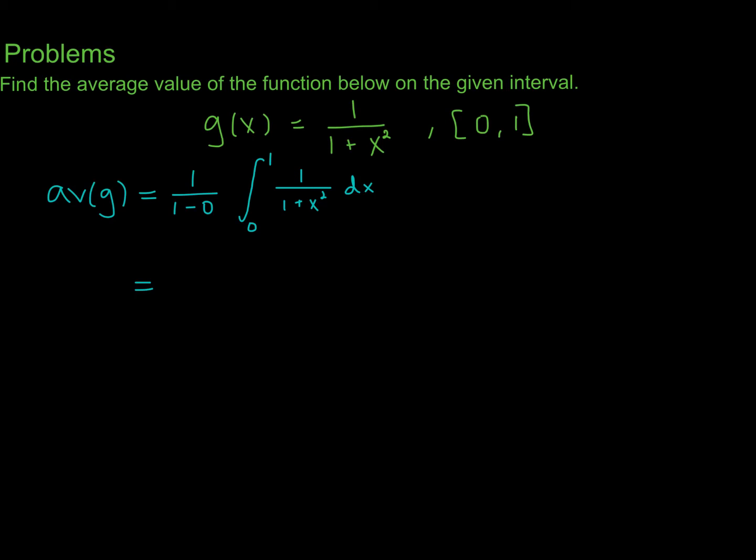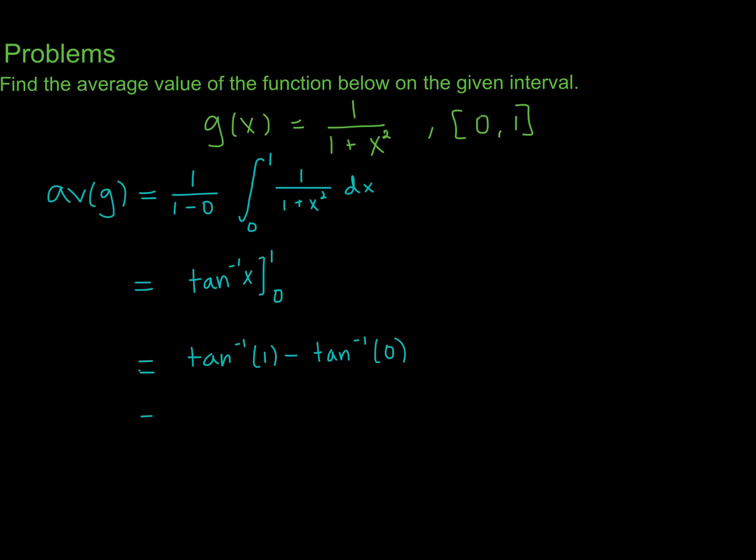So this is going to just boil down to the inverse tangent of x evaluated at 1 and 0, and then subtracted. So we will have the inverse tangent of 1 minus the inverse tangent of 0.